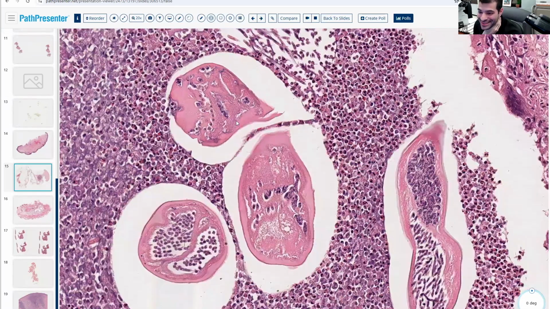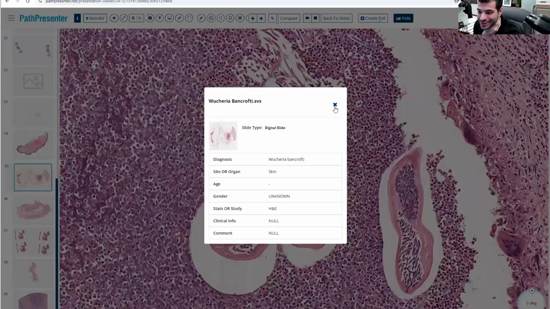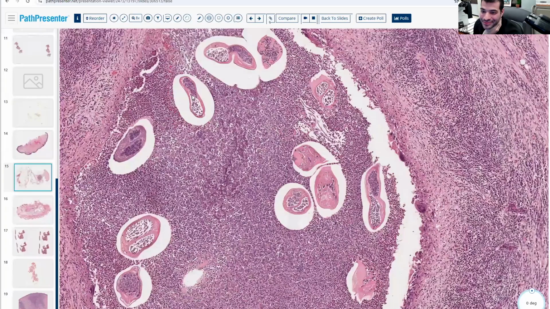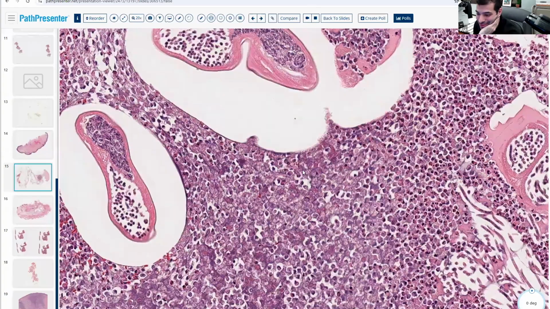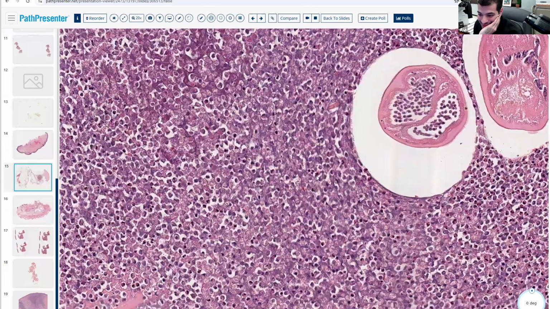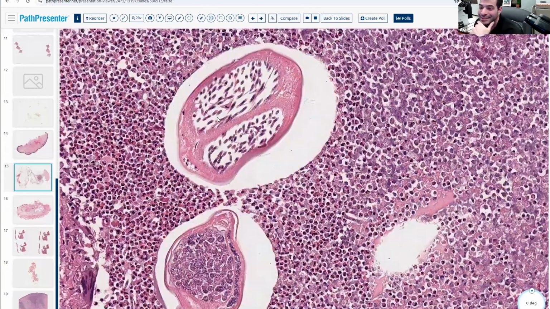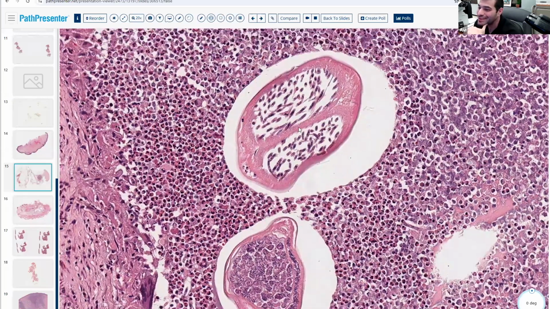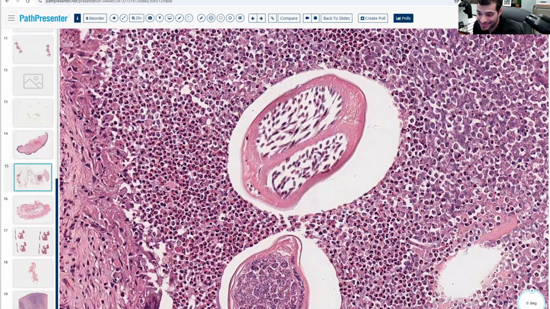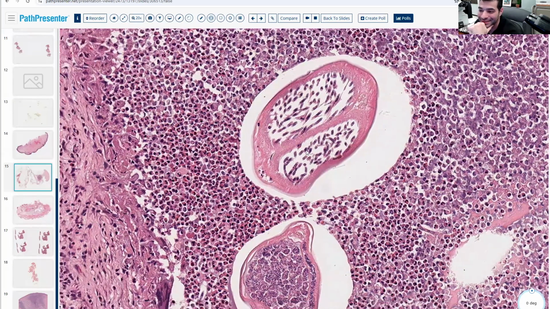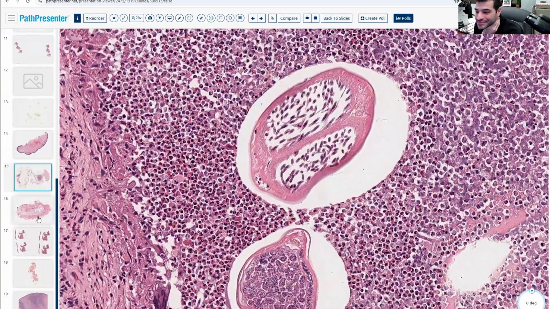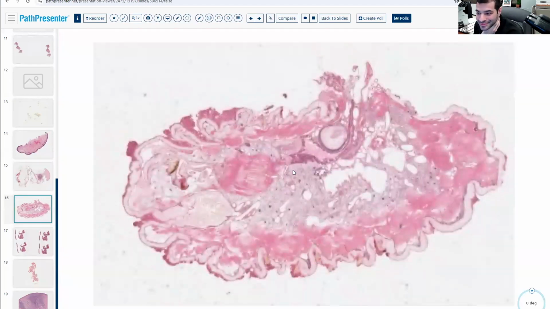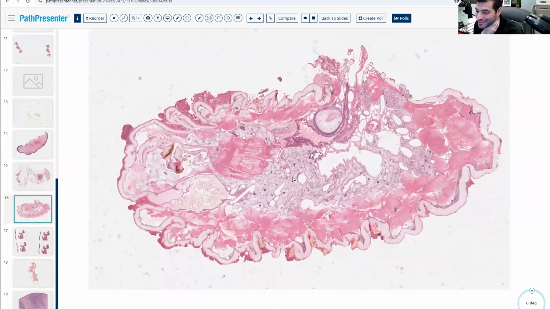So this is Wuchereriasis, Wuchereria bancrofti in this case. So it's the double uterus, but if it's eggs, then it's onchocerciasis. If it's two uterus, but it actually has little swimmies, then it's Wuchereriasis. Here's a, oh wow, this is beautiful. So perfect. I love it.